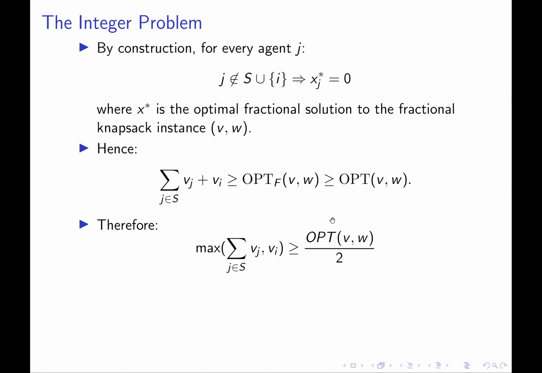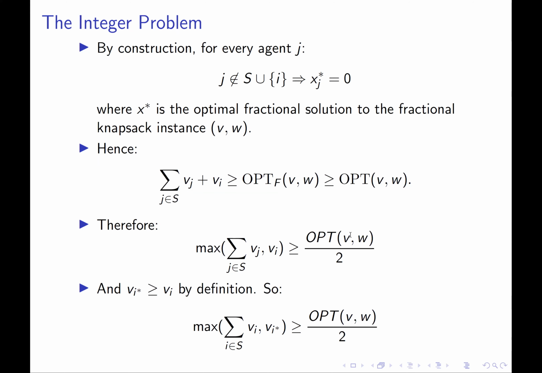And so in particular, I've got two things that sum to something that's more than my benchmark value. If I take the maximum of those two things, it's got to be at least half of my benchmark value because there's only two things in the sum. And what does my algorithm do?